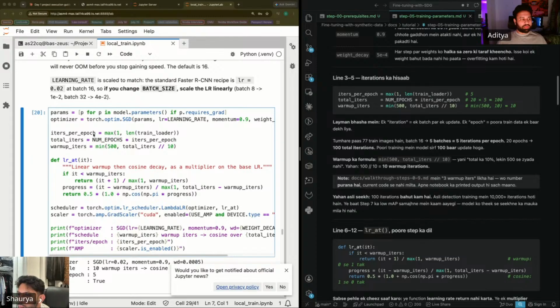Total iterations is number of epochs into iterations per epoch. So iterations per epoch is 5 and number of epochs is 20, so 100 total iterations. And warm-up iterations are min of 500 or total iterations divided by 10, so 10.